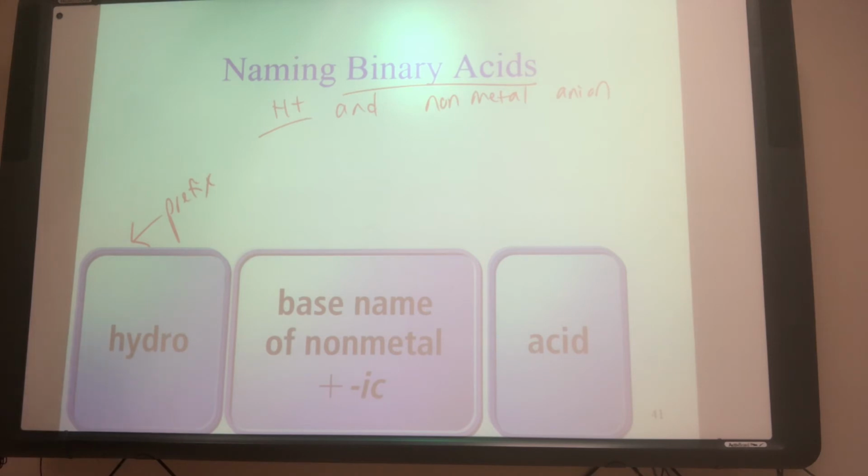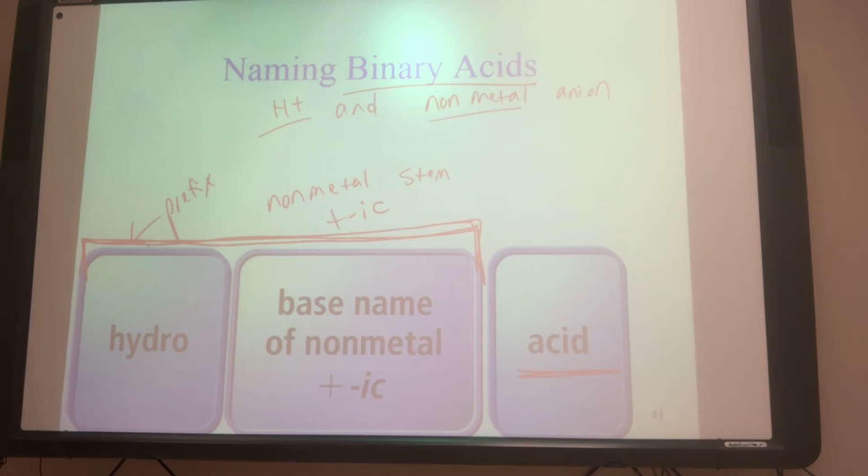Then I take the non-metal stem. So if it's chlorine, it's chlor. If it's bromine, it's brom. And then I add the ending ic. This ends up being one word. So I have the prefix, the non-metal stem, and the ending ic, and then I add just the word acid. So that's how I name my binary acids.